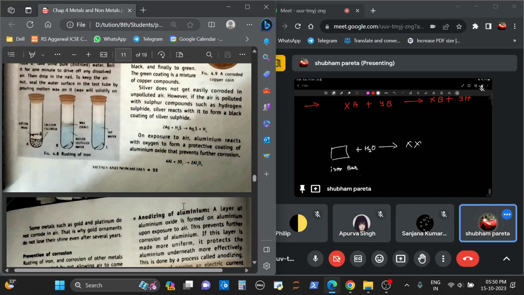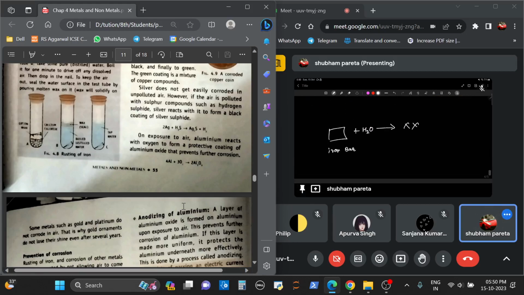Similarly, if this same iron bar came in contact with oxygen, then also this will show no reaction. Okay, but once this iron bar is reacting with H2 plus O2, then it will show rust over here.